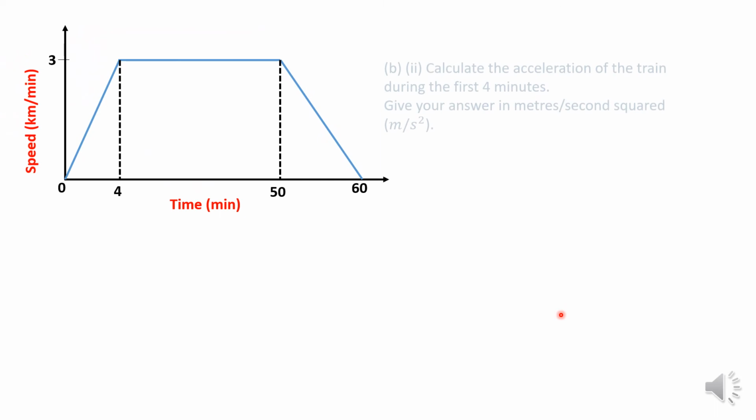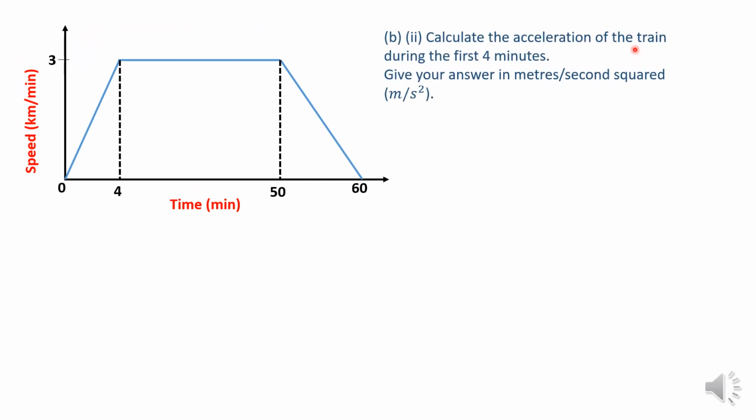Right, so they are asking us to calculate the acceleration of the train during the first 4 minutes, and they want our answer in meters per second squared. So first I change 4 minutes to seconds because my answer should be in meters per second squared. I know that is 240, and I know from my previous work that 3 kilometers per minute is equal to 50 meters per second. Remember, we've calculated this one, we have worked it out.